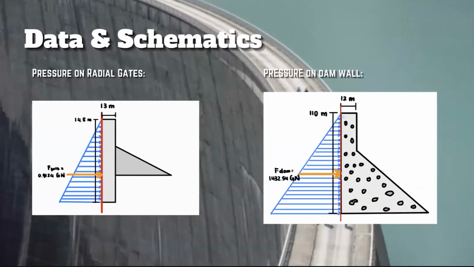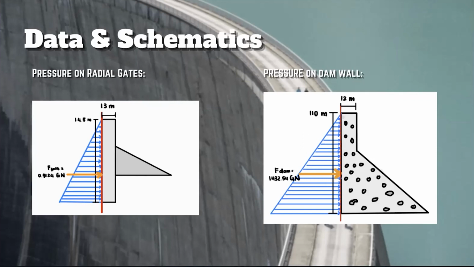Here are the data and schematics of the pressure analysis of this dam. In this part, we analyzed two spots, the radial gates and the dam wall. Firstly, the radial gate has dimensions of 13 meters by 14.5 meters, and its elevation is given in the data calculation in the next slide.